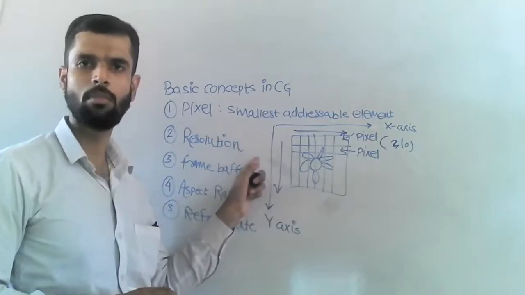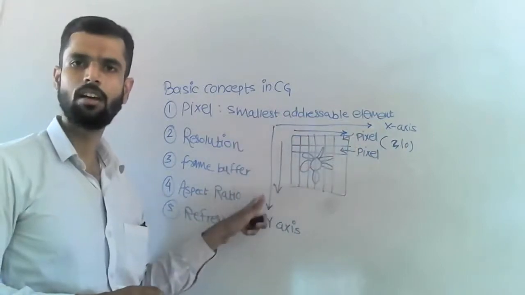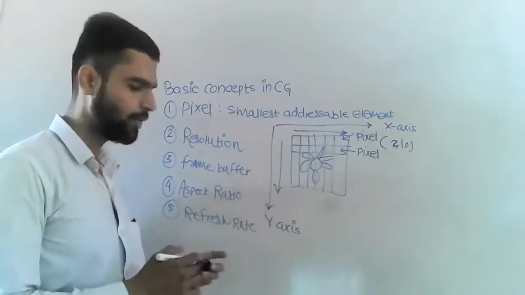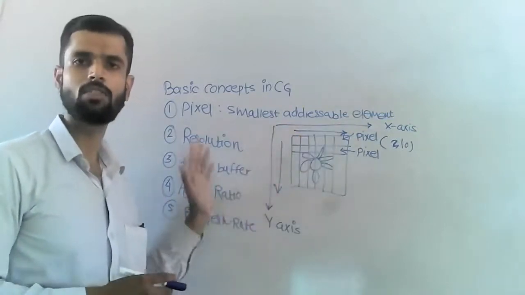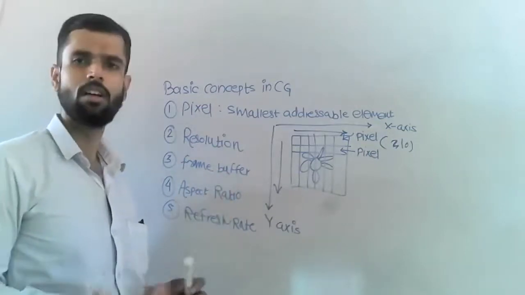This resolution tab shows the number of pixels along the x-axis and y-axis. In short, how many pixels are present on the x-axis and y-axis is called the resolution.